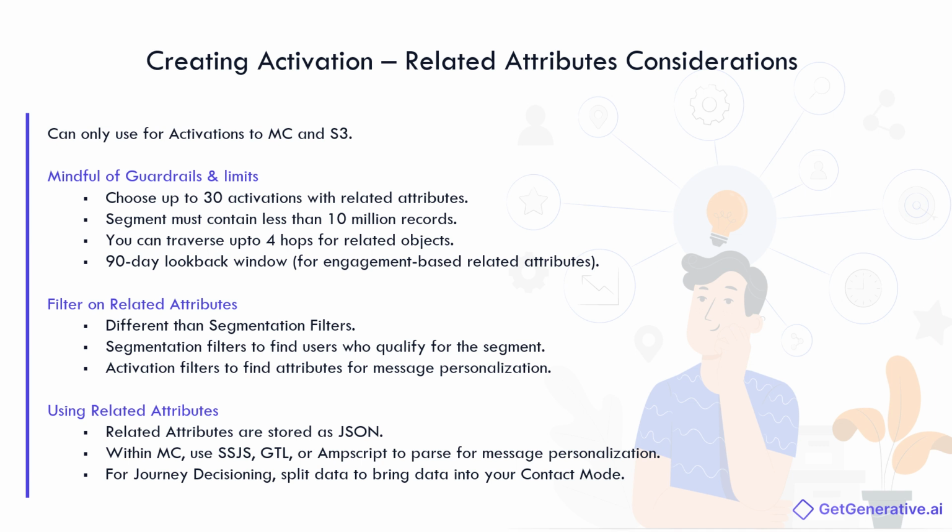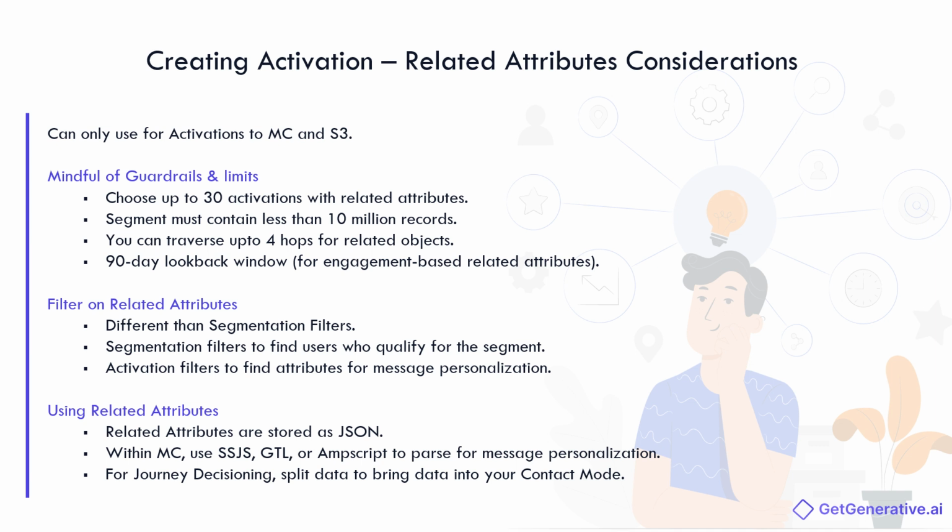The related attributes are stored in JSON. When we activate the data outside of Data Cloud, we will be able to look at sales orders, for instance. The sales order will be a column within the CSV as we are sending the data outside of Data Cloud to an Amazon S3. There will be a column called sales order, and within that data cell, you will have a JSON. If there are multiple records, you'll have a JSON structure.